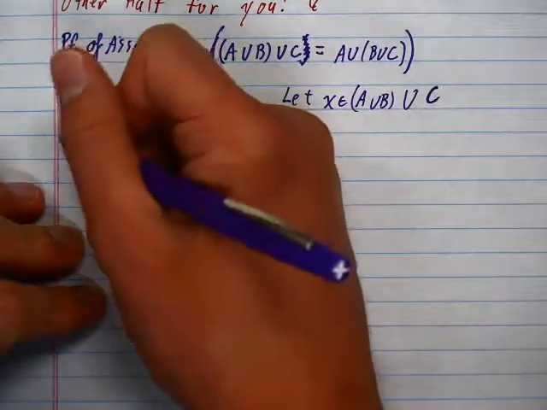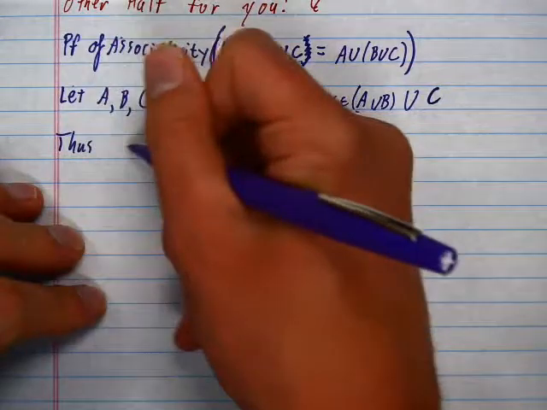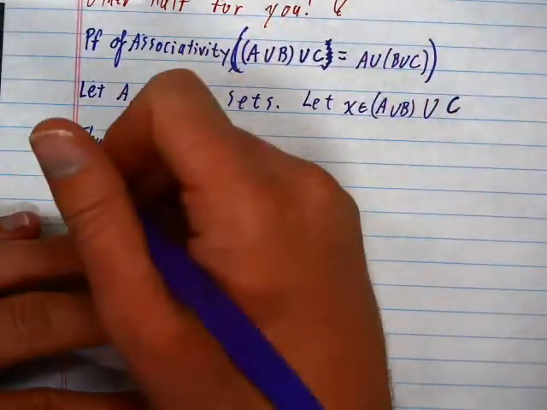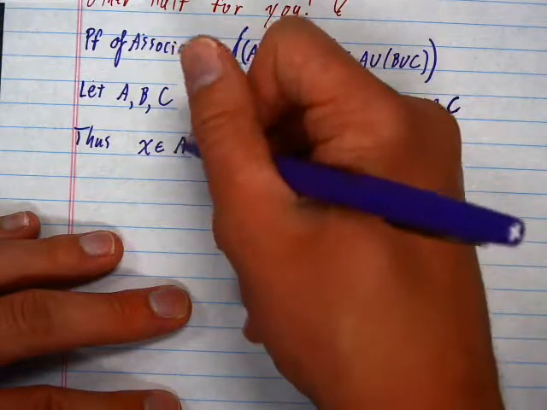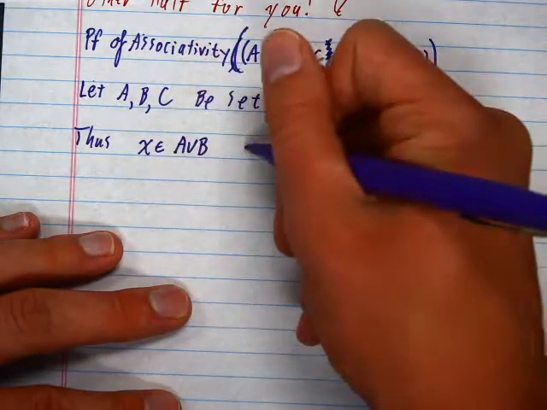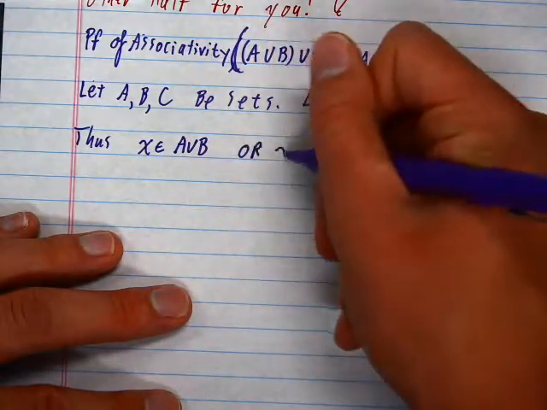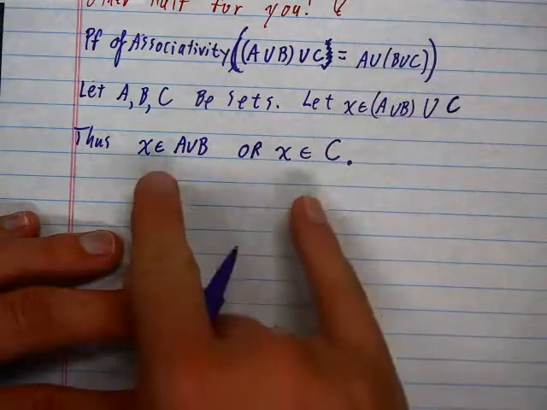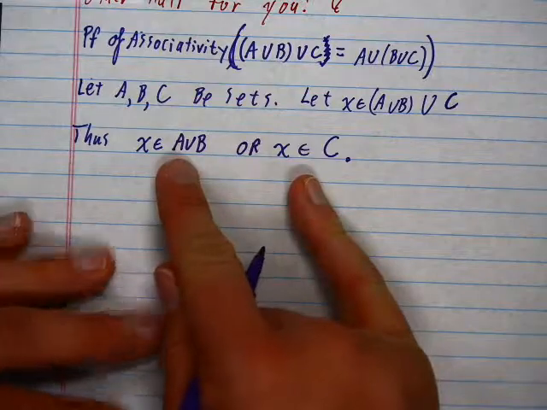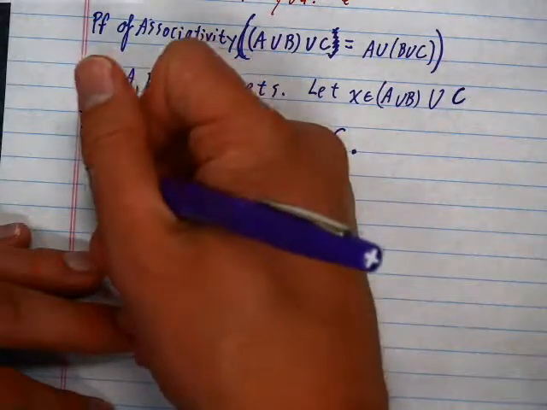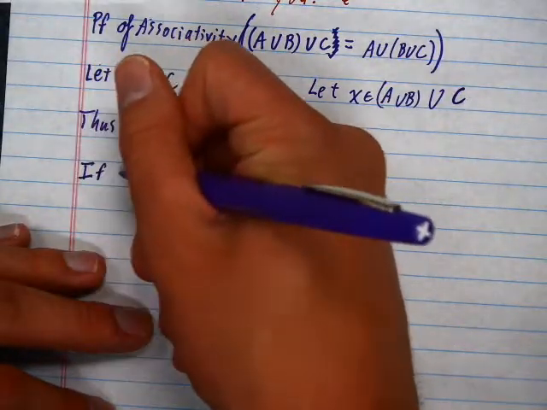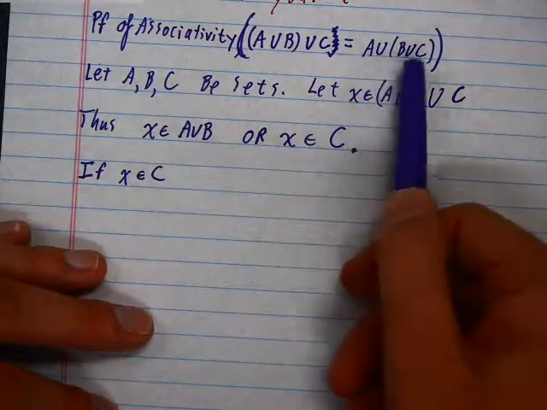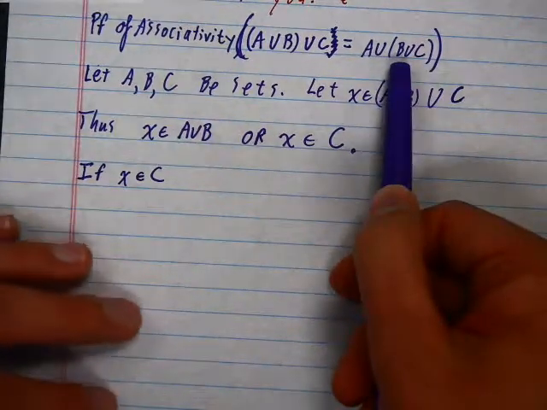That means that x is in A union B, or x is in C. And so maybe this looks like a case-by-case proof, and I'll do it as such. If x is in C, let's take a look at what we want to conclude. There's our goal. We want to get x into there.